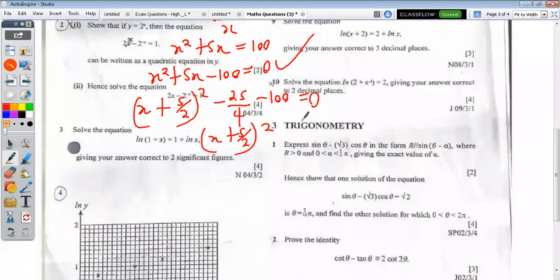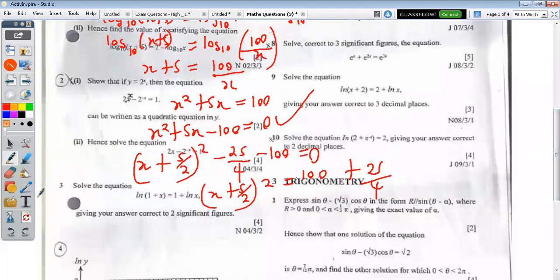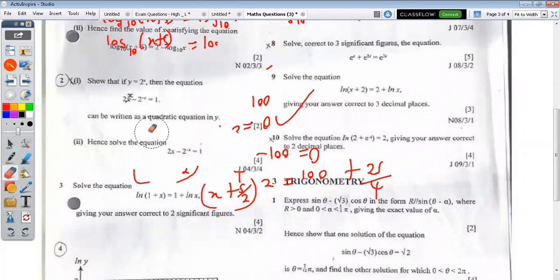Move that to the other side, it becomes 100 plus 25 over 4. So that gives you 425 over 4. Then you can solve it. You're not worried by that. What I wanted to show you is how you do the quadratic.